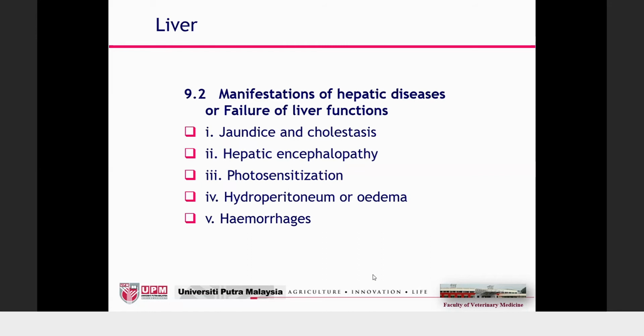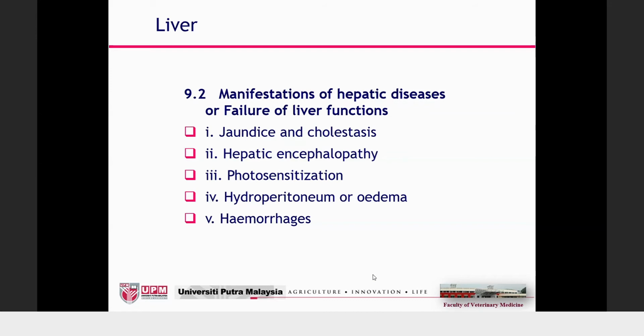Hepatic diseases could also lead to hepatic encephalopathy, partly because of failure of detoxification of certain toxins. Not forgetting the effect on the skin, leading to photosensitization, ascites, hydroperitoneum or edema, and hemorrhages.